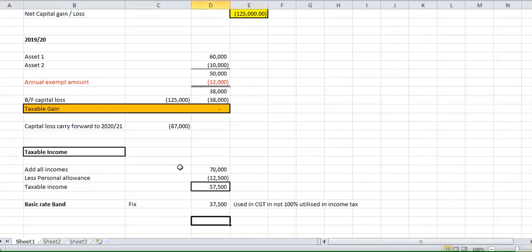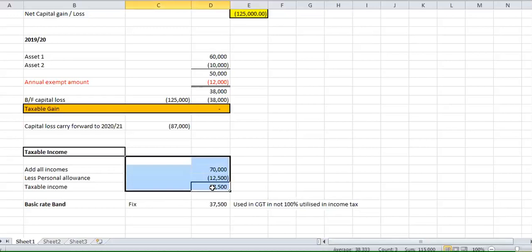You can see what is the income, 57,500. It means we have to apply tax rates on income of 57,500 pounds. Our taxable income in the current year is 57,500 pounds.